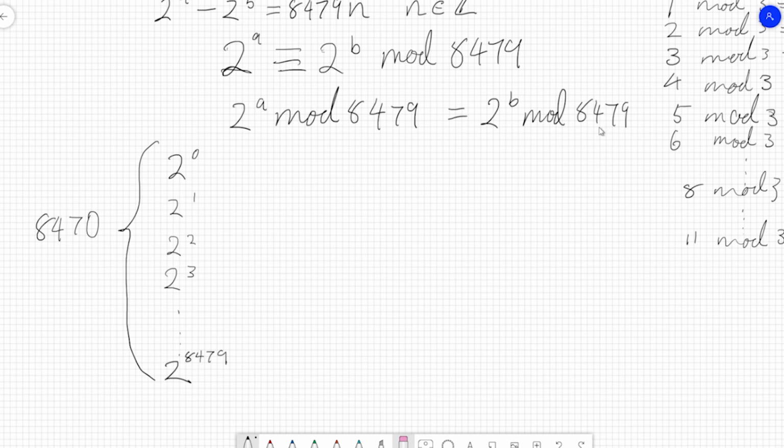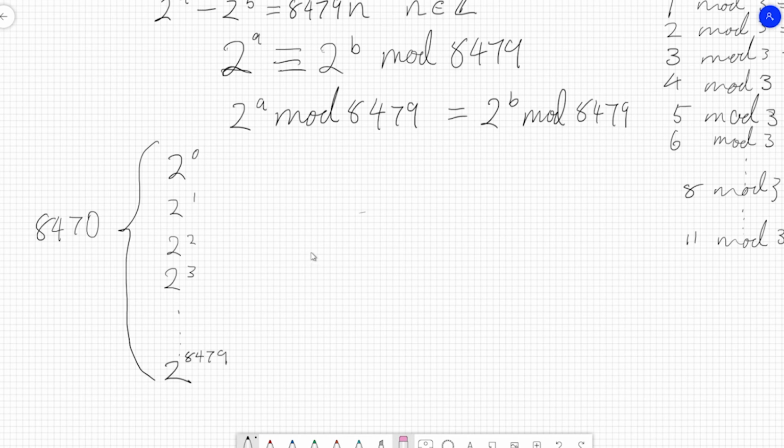So because we have completed at least one cycle, that means at least 2 of these numbers will have the same remainder. Somewhere inside here, there will be 2 numbers that produce the same remainder.